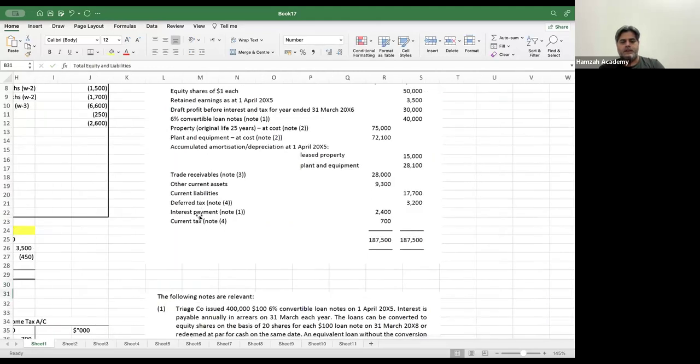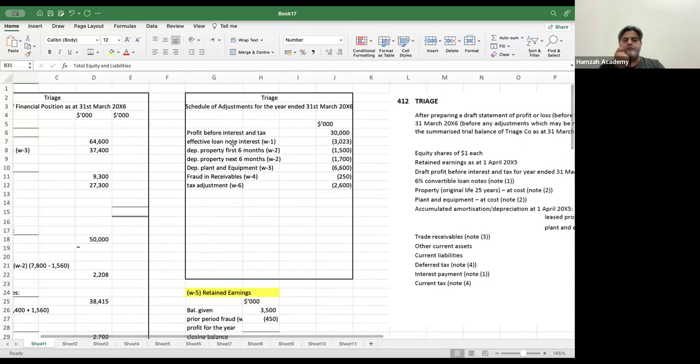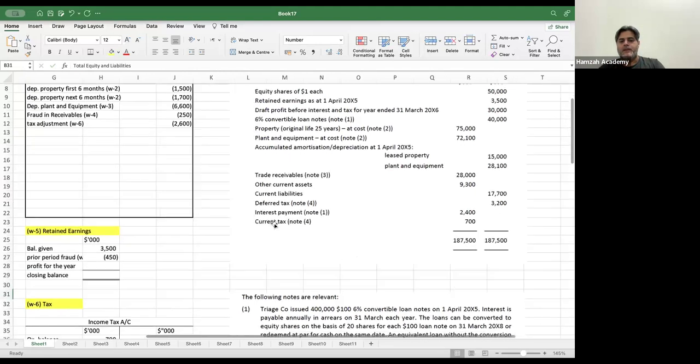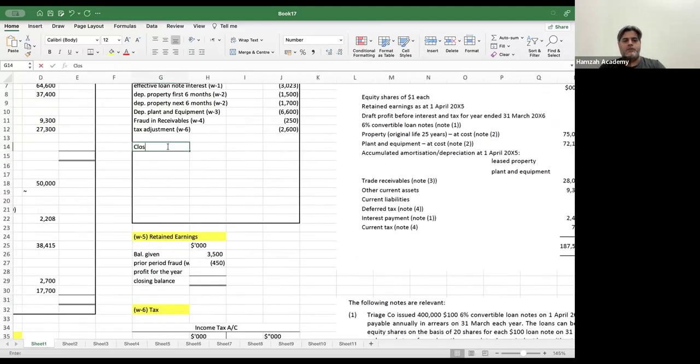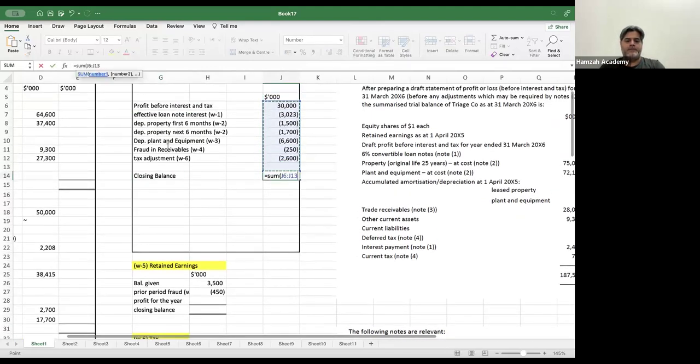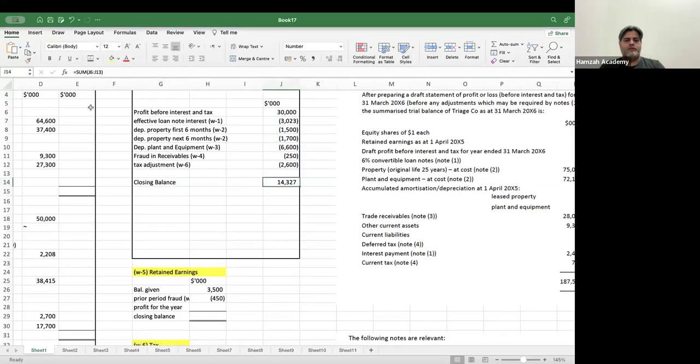Deferred tax is done. Interest payment: we have already taken into account the interest over here on the effective basis. Then the current tax is done over here as well. So we are going to have the closing balance of 14,327.